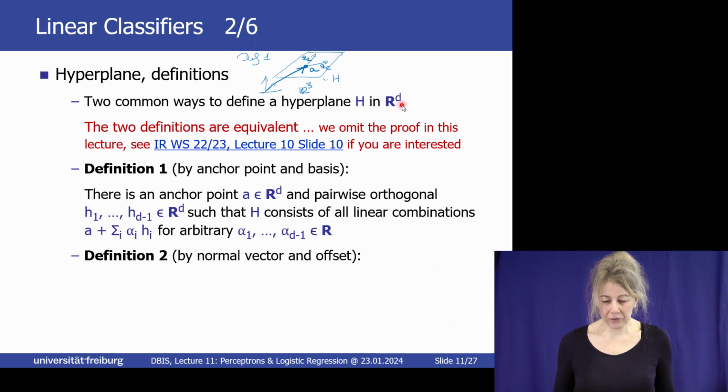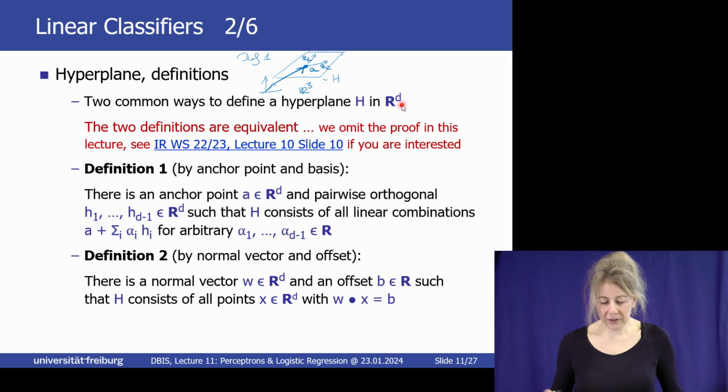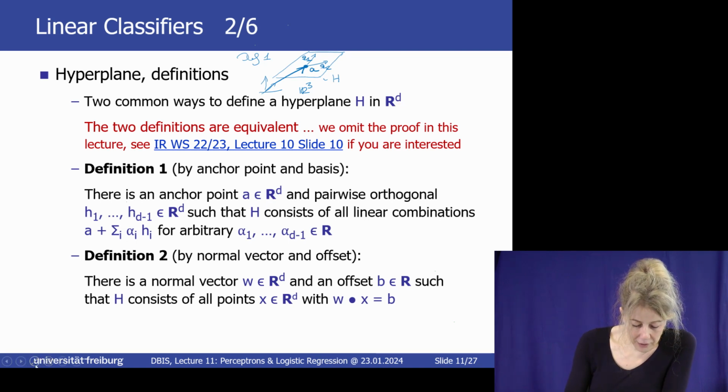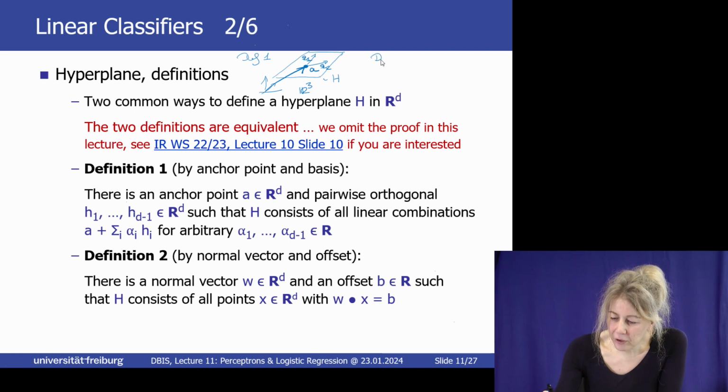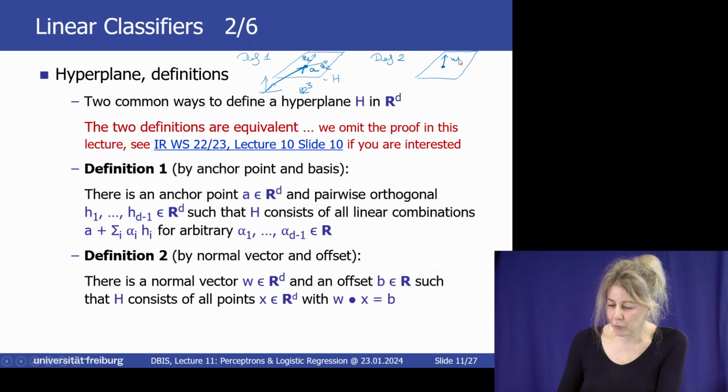So that's one definition. And the other definition, it's also not hard, and we will use that because it's much nicer to work with. Let me draw it again here. The plane is defined by, I just have a normal vector, and I will call it W. W for weights, not for normal, because the components are weights or values, which we are going to learn.